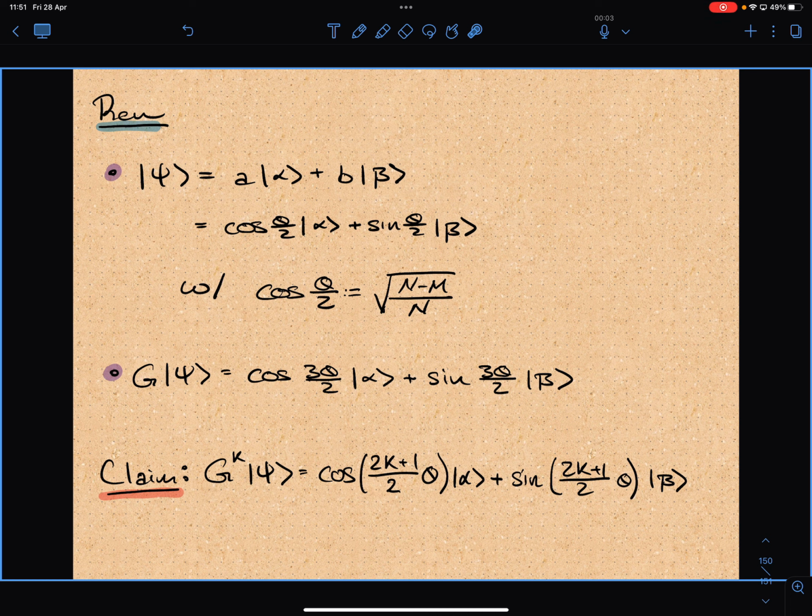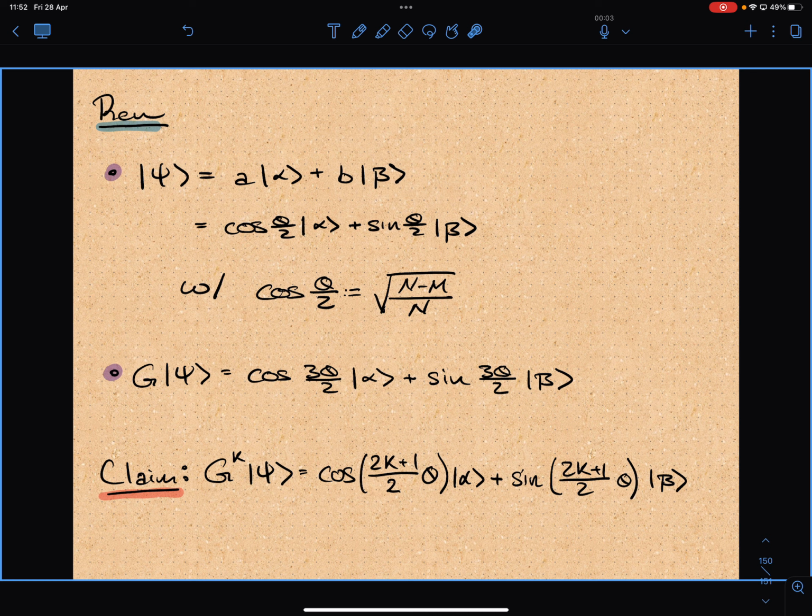And it depends on theta. And the thing to note is that theta only depends on N and M, the input size and the number of solutions. It doesn't depend on the structure of F. So it's going to be independent of what the search problem is as long as N and M are fixed. So this is why it's kind of surprising that it's independent of F. If you know how many solutions you have and the input size, you can just get it there.